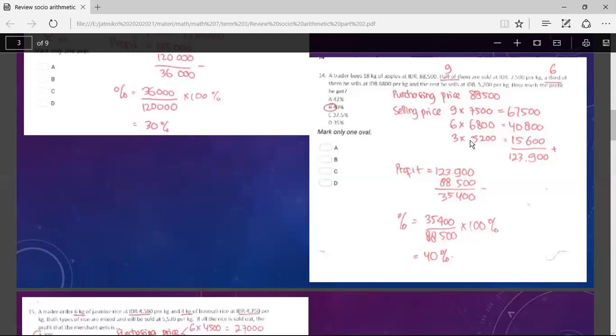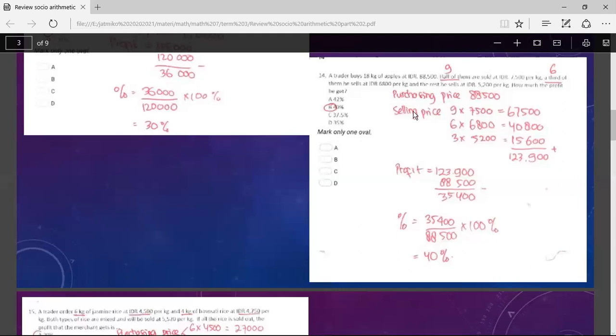We sell it for 5,200 per kilogram, equal to 15,600 rupiah. So how much money will they get? We can count it: 123,900 rupiah.